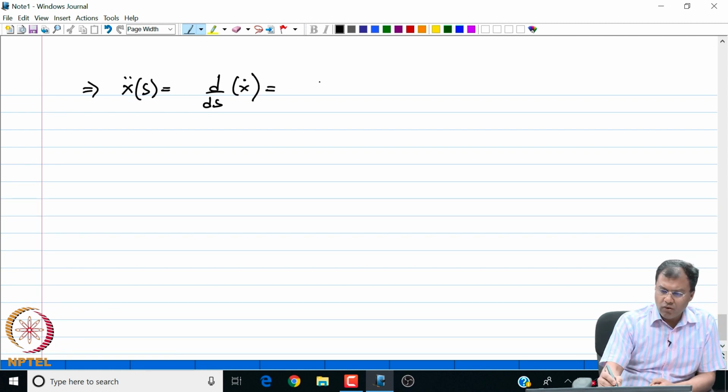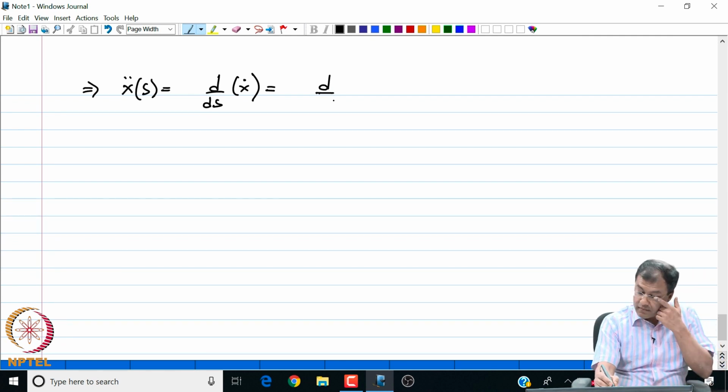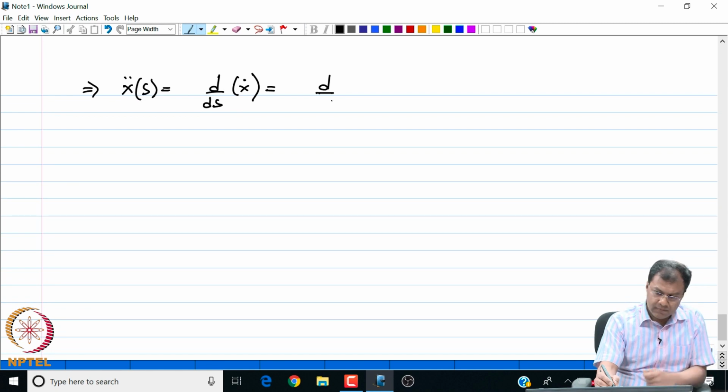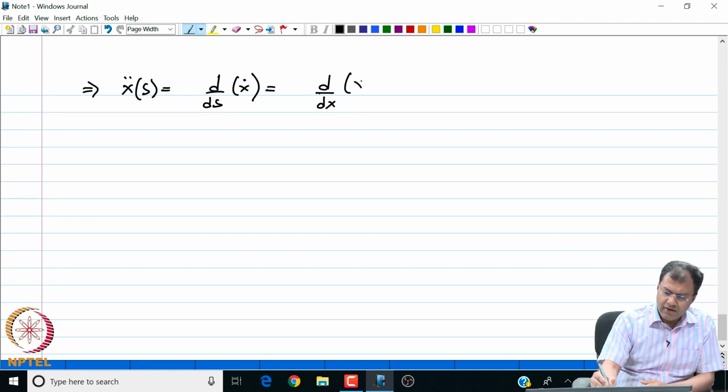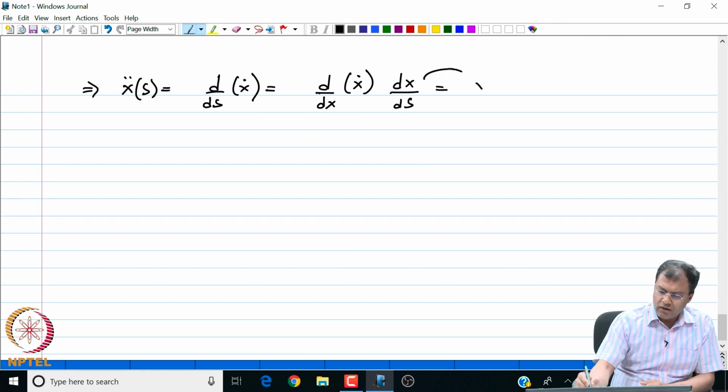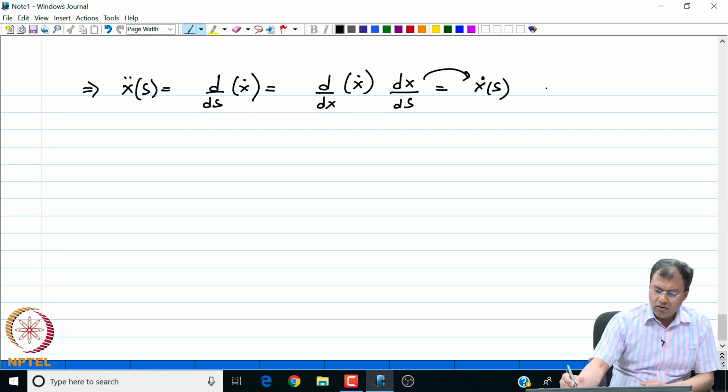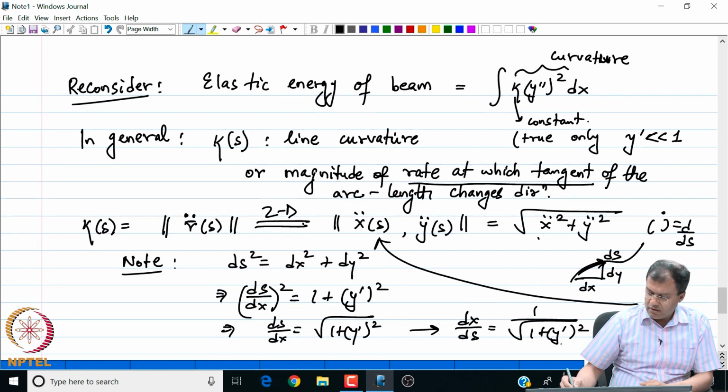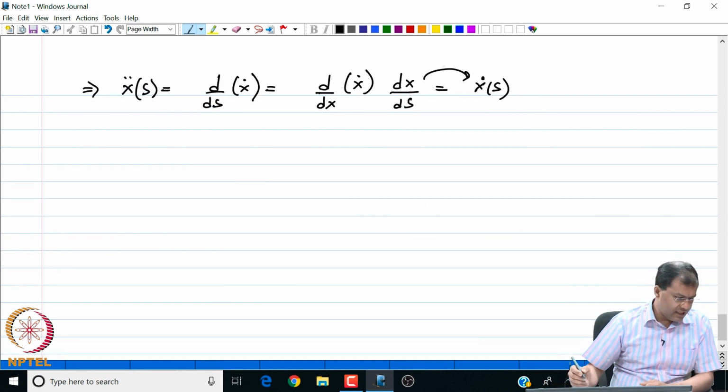I can do a chain rule: this is also equal to the derivative of x dot with respect to x times the derivative of x with respect to s. So this quantity is x dot of s times the derivative of x dot with respect to x. Well, x dot was this quantity, so I am going to differentiate it.